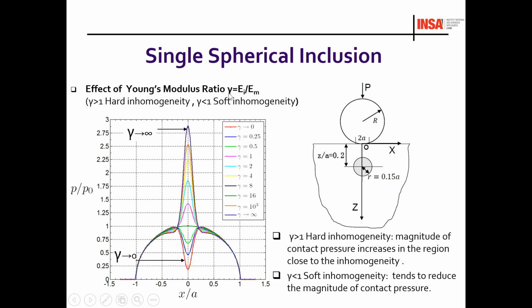Lambda is the ratio between the inclusion Young modulus and the matrix Young modulus. When you have 0, it means that the inclusion is a cavity. Okay. When you have infinity, it means that the inclusion is a rigid inclusion, in fact. When you have 1, it means that there is no inclusion.